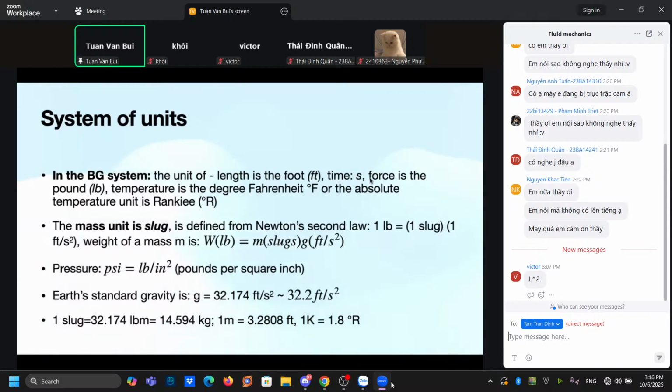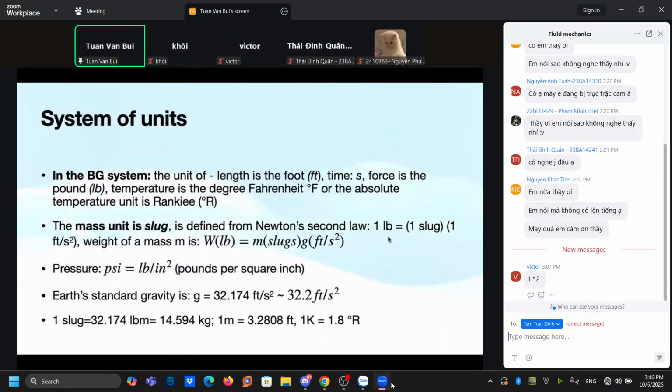The force is the pound, with the letters LB. Temperature is degree Fahrenheit, or the absolute temperature unit is degree Rankine. For the mass unit, it is the slug, not the pound, and it is also defined from Newton's second law.